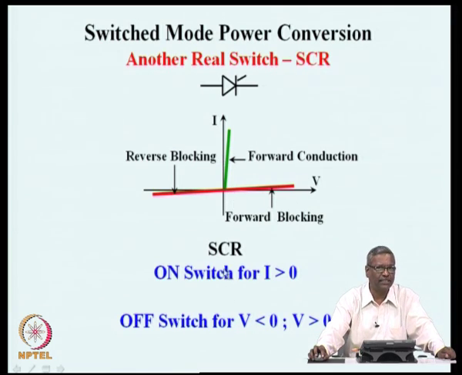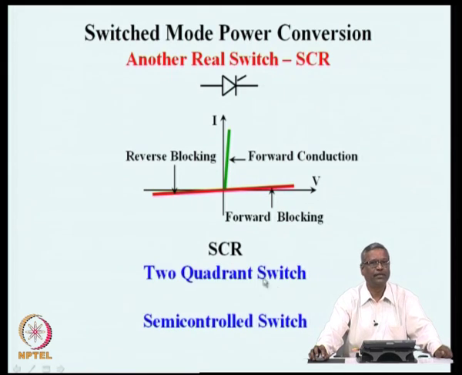So, this switch SCR is an on switch for positive currents if it has been gated on. We have a gate terminal here. If a small current is injected into the gate with respect to the cathode, the device will turn on, and once it is on, it is in the on state.